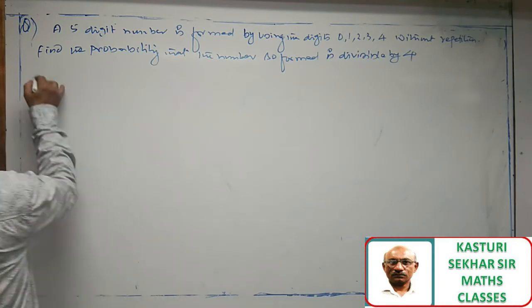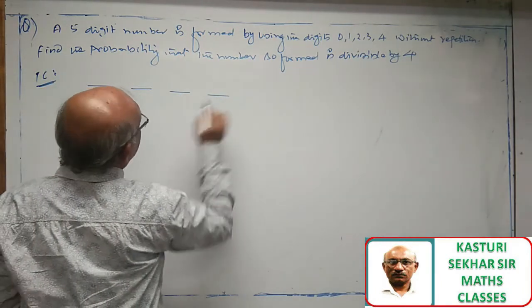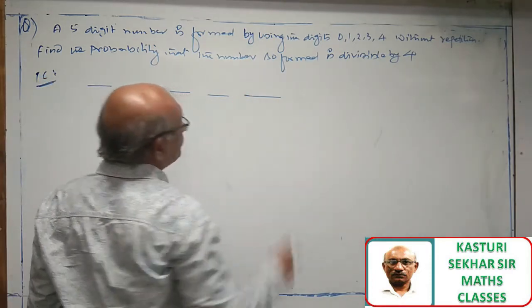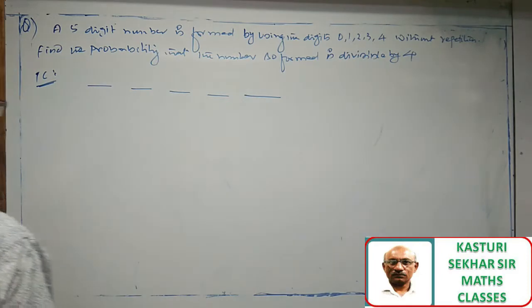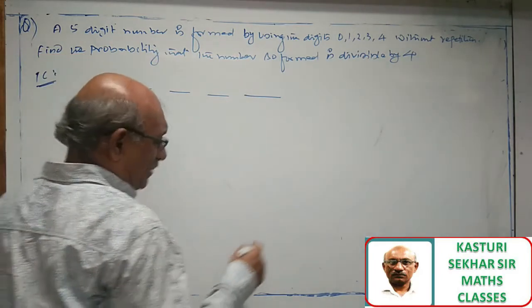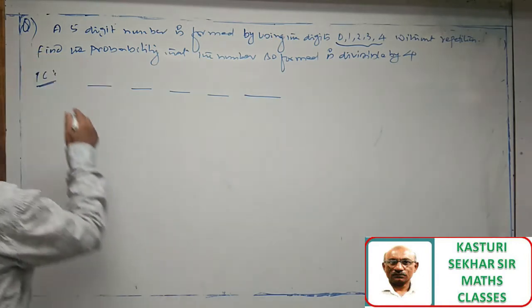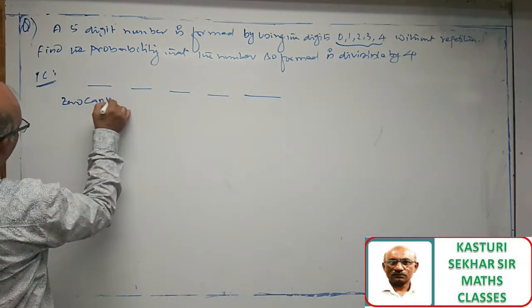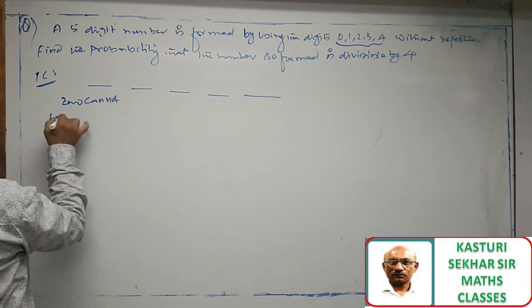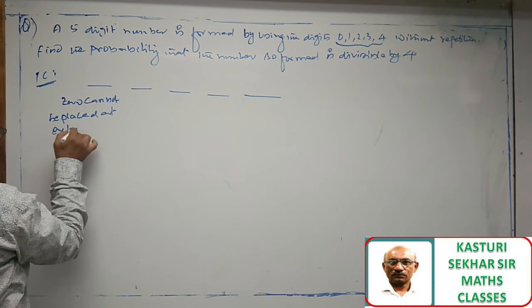First, let us calculate the total number of cases. 5-digit number I want. Now look at this, sir. How many numbers are given? 5 numbers are given. 0 cannot be placed at the extreme left place.